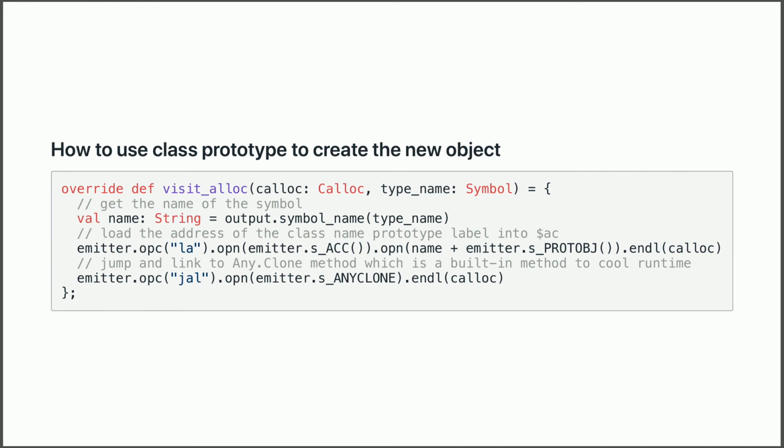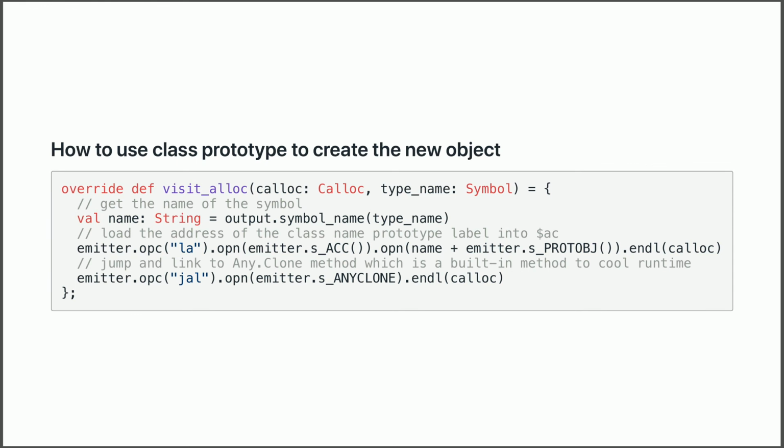Then we do jump and link to any clone, which is a built-in method you can use. Acc is like an argument a0.